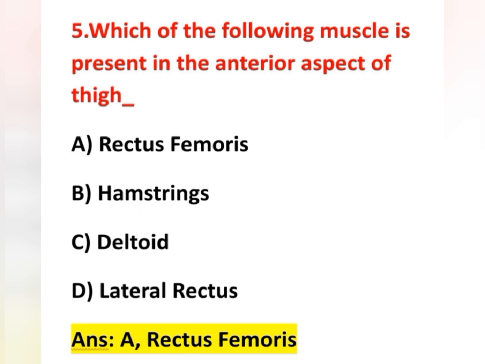The other options: deltoid muscle originates from the lateral aspect of the clavicle, and lateral rectus is one of the extraocular muscles of the eye, which helps rotate the eye outwards. Hamstrings are the muscles present in the back of the thigh, coming downward to the leg. So the correct answer is option A, rectus femoris.